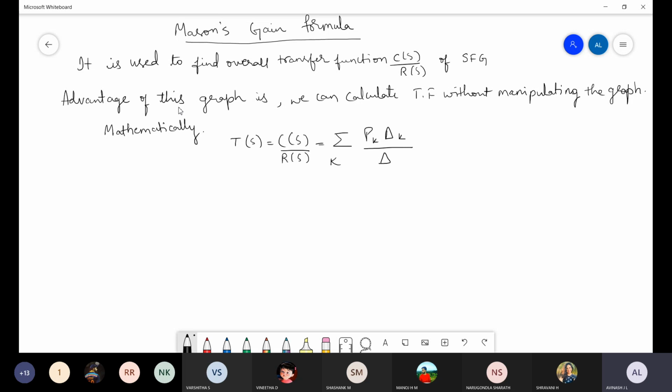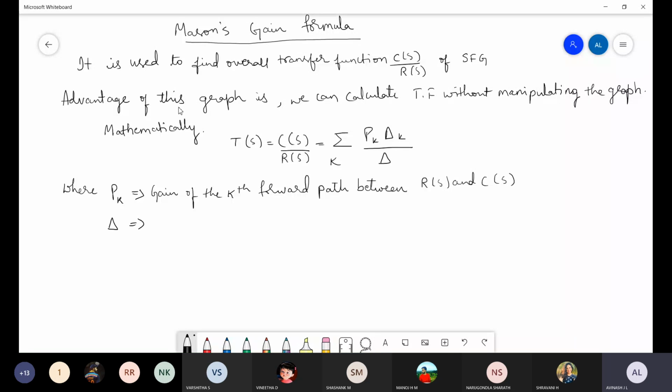Write down where Pk stands for the gain of the kth forward path between R of S and C of S. First let me complete all the parameters, then I will explain the scenario. This is the meaning of Pk.